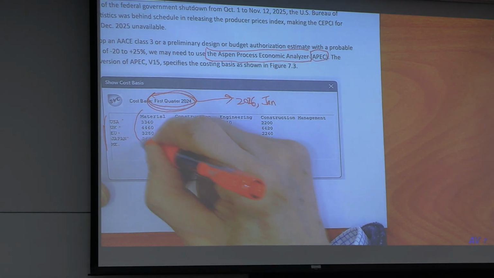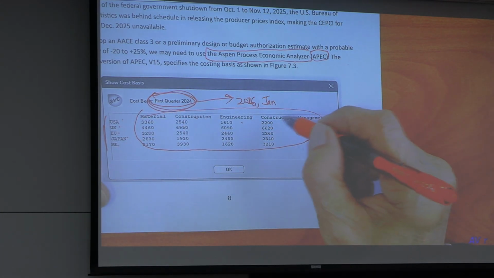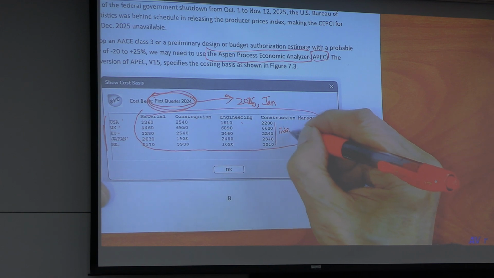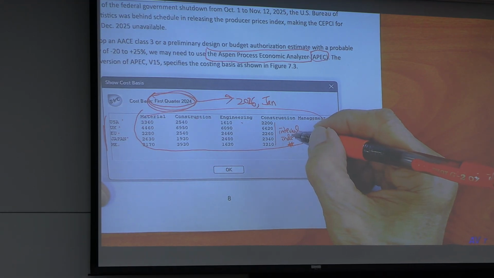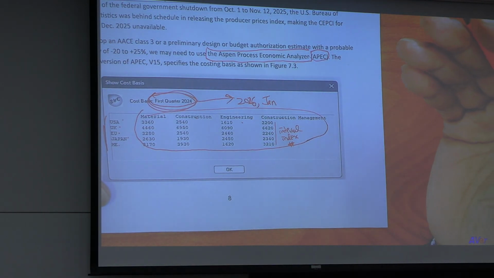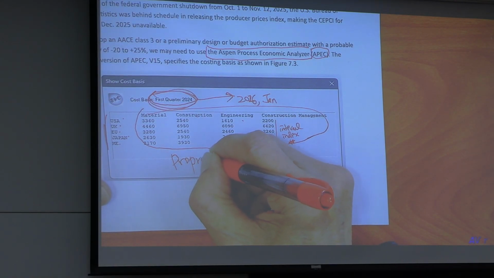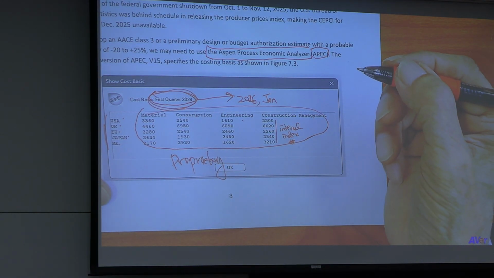They give you the index for material, construction, engineering. Those are their internal index numbers. You want to know 2025, 2026, I don't have it. That's why I don't like it.